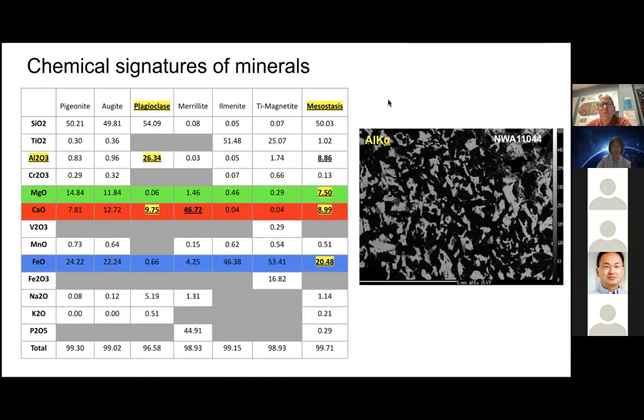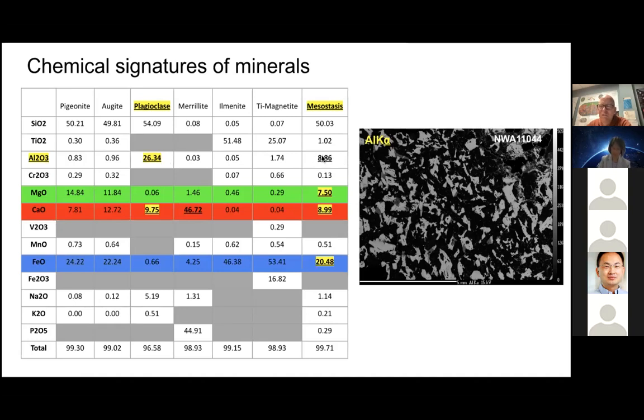In this case, we've actually collected a map showing the concentration of aluminum in the different minerals within the sample. Again, the main aluminum-rich minerals are the plagioclase feldspar that occurs as a major component of the rock, and a phase that we call mesostasis.